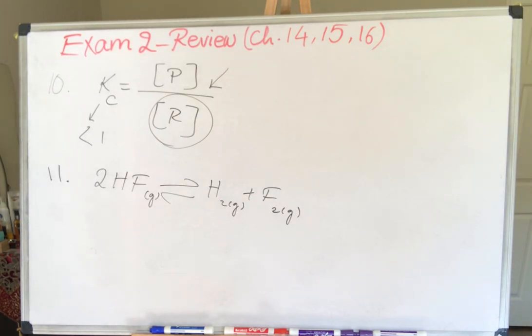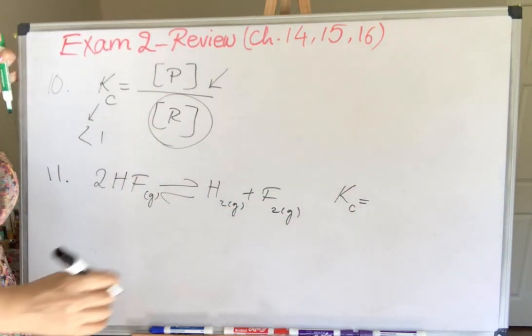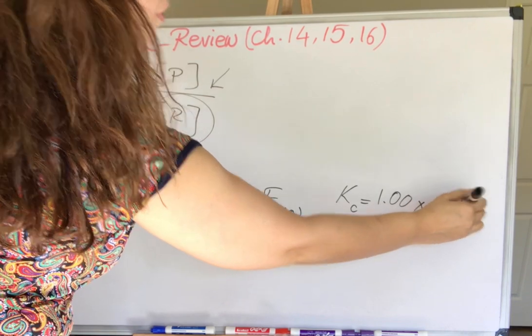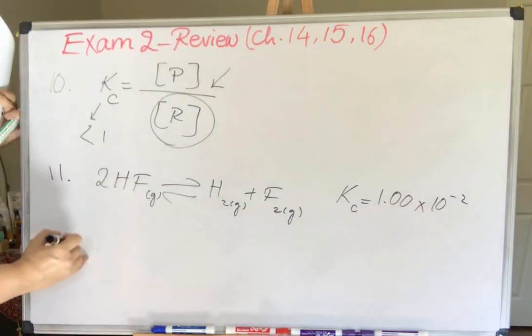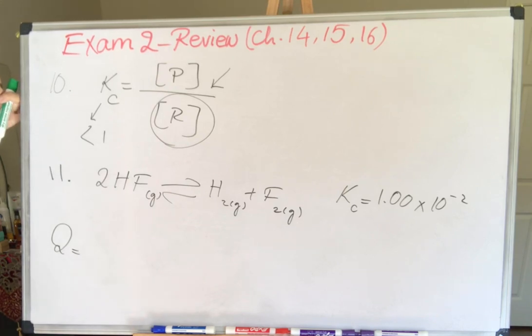Given that 1 mole of HF, 0.2 moles of H2 and 0.75 moles of F2 are mixed, we are not talking about the equilibrium conditions. Kc is given as 1 times 10 to negative 2, and equilibrium and non-equilibrium moles are given. And we have a 5-liter flask.